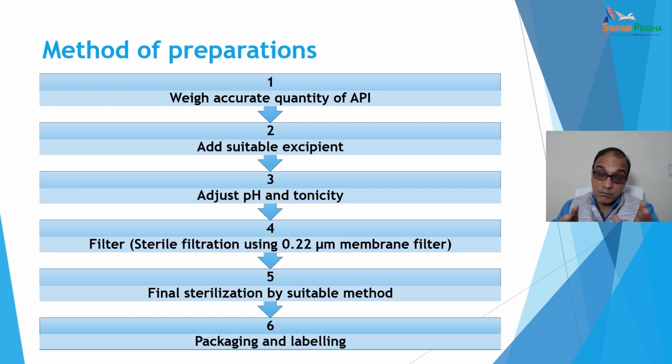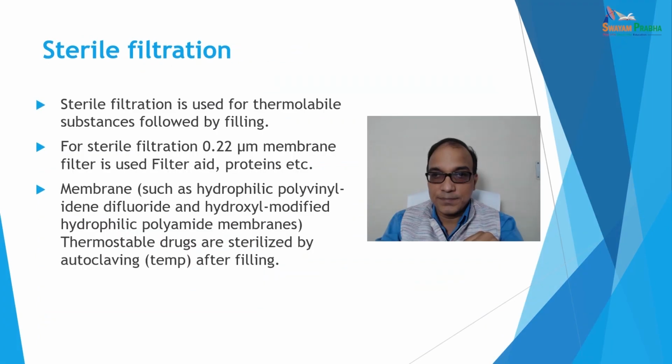This is how we can prepare the solution type injectables. Sterile filtration is used for thermolabile substances followed by filling, because thermolabile substances cannot withstand dry heat sterilization or moist heat sterilization.